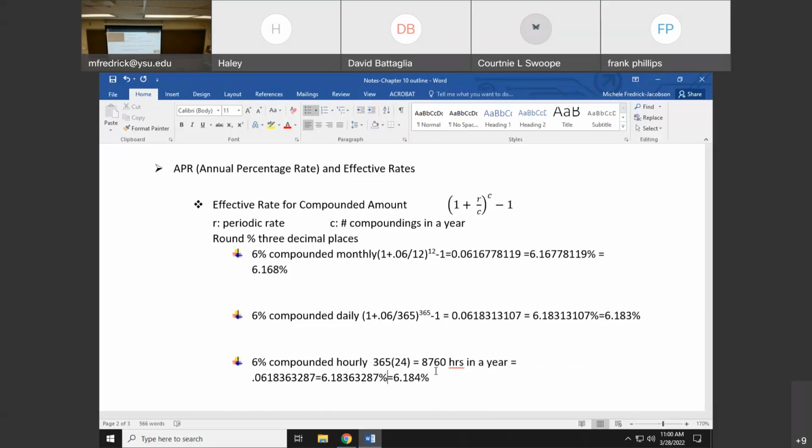You're getting 6.184. So hourly, not much, but a little bit more than.